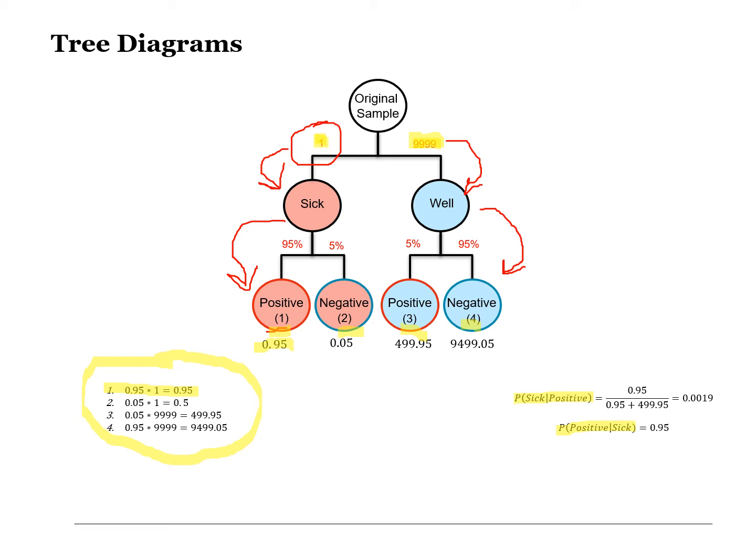So the probability that someone is sick given they tested positive is the number of people who are sick given they tested positive divided by the total number of people who tested positive, which is node 1 plus node 3.